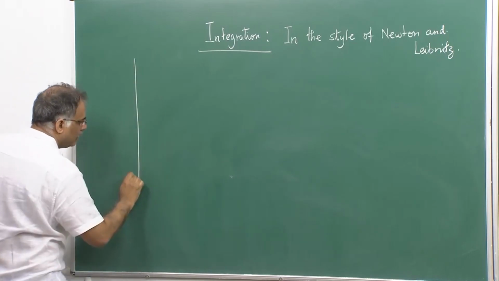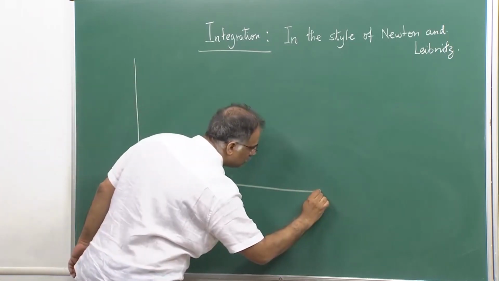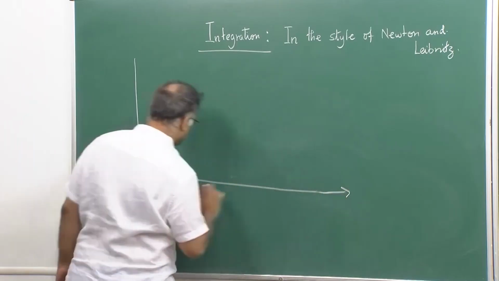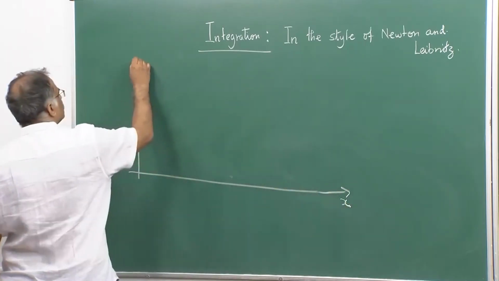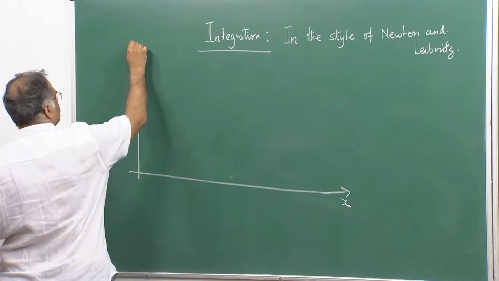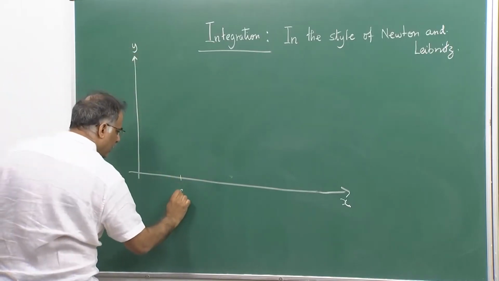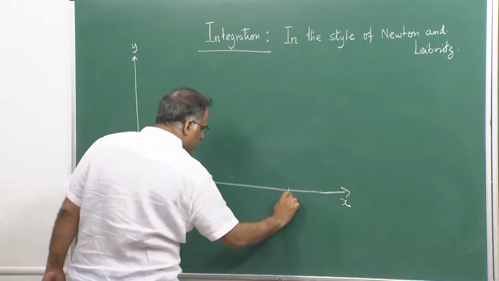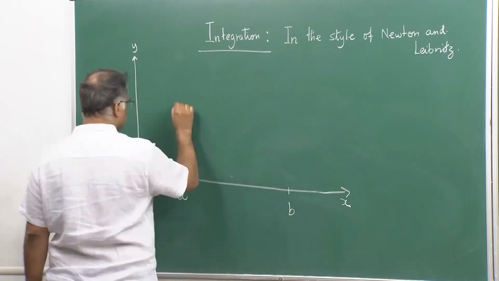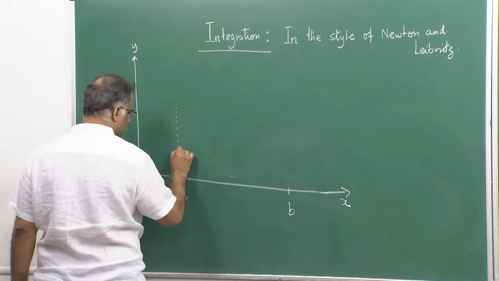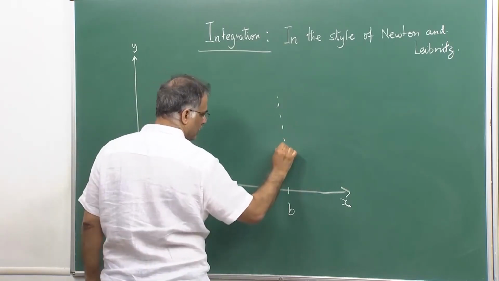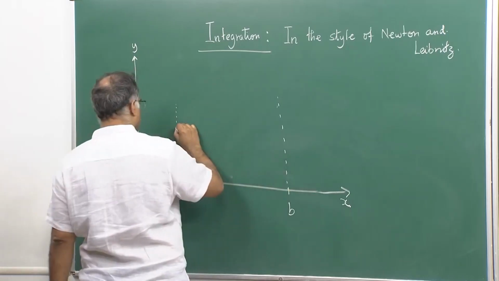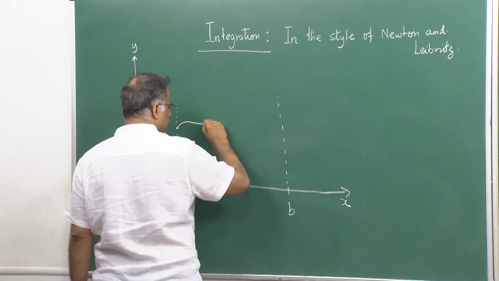So here is my x axis and y axis, and here is A, here is B. So here is the line x equal to A and the line x equal to B. Let this be a nice continuous curve.